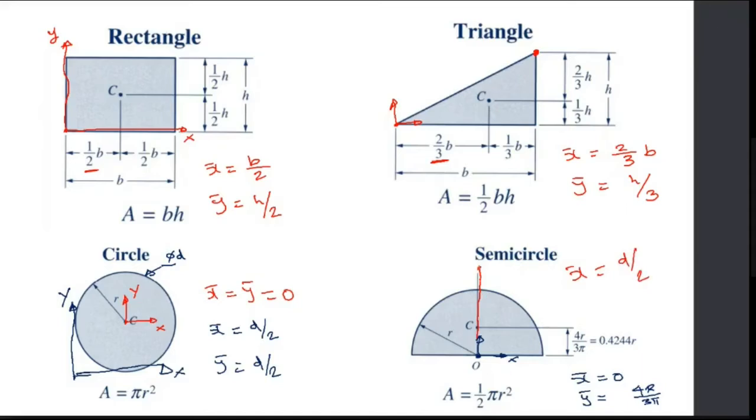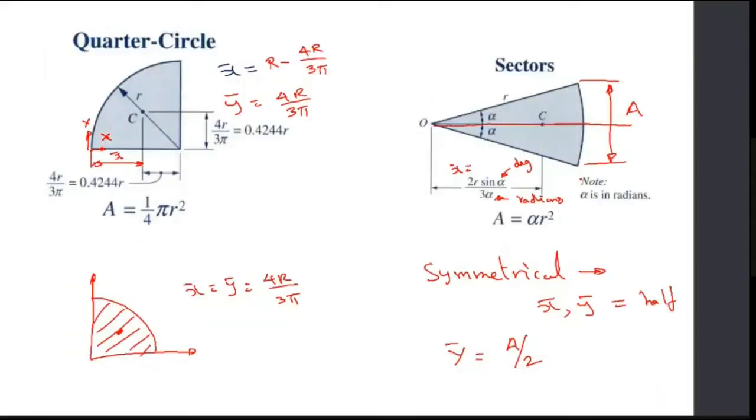If it is symmetrical about the y-axis, x bar is half of it. If it is symmetrical about the x-axis, y bar is half of it. Similarly for the sector. So whenever you see a symmetrical image, you need not calculate. You can directly substitute the total distance by 2.